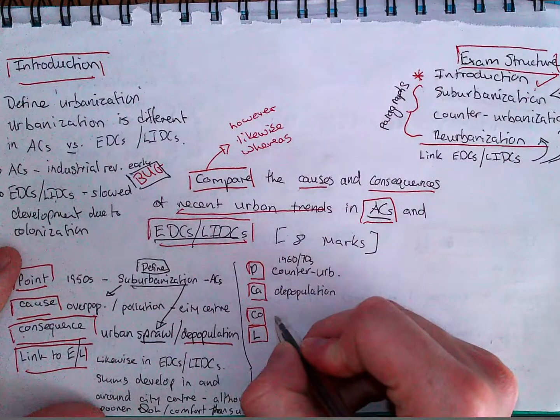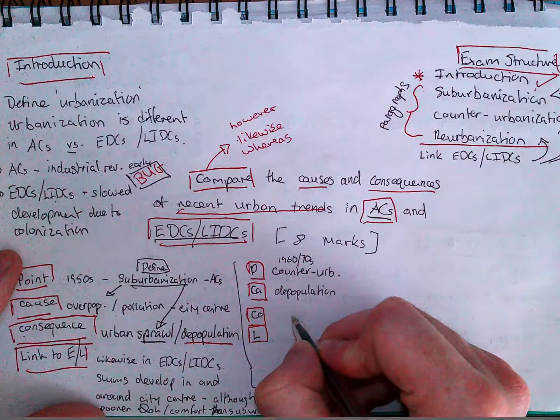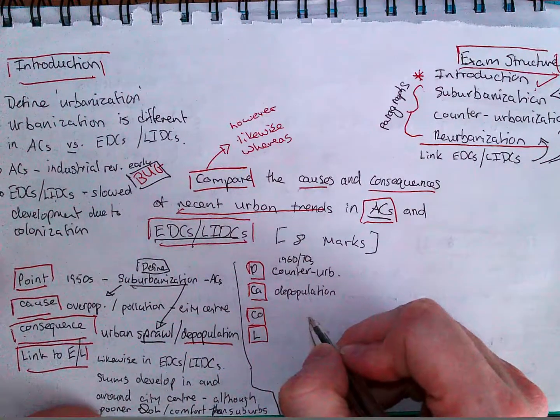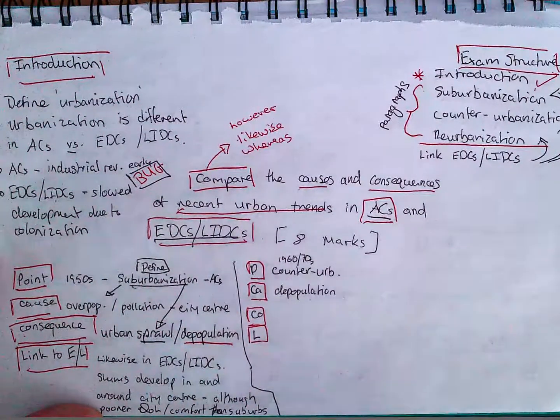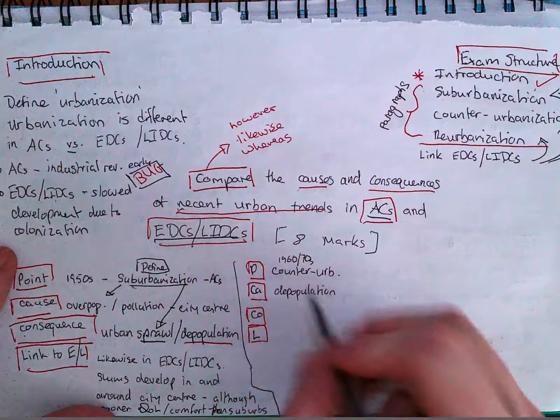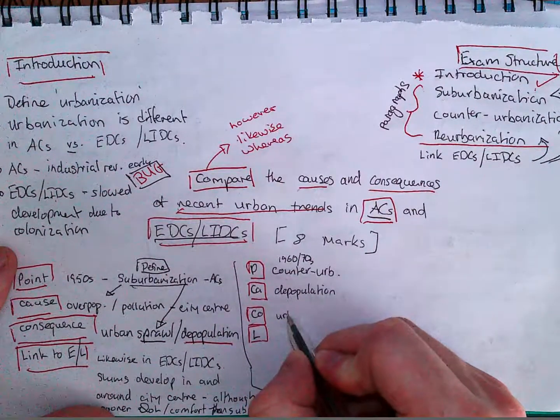And then you're going to give a consequence of this movement to rural areas, people going to rural areas to look for more comfort, less crime, a place to raise their kids in those green spaces. You can talk about the urban decline.